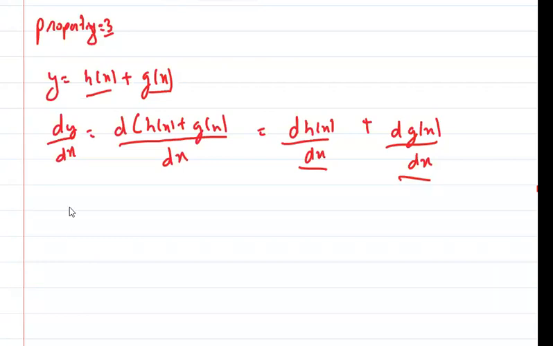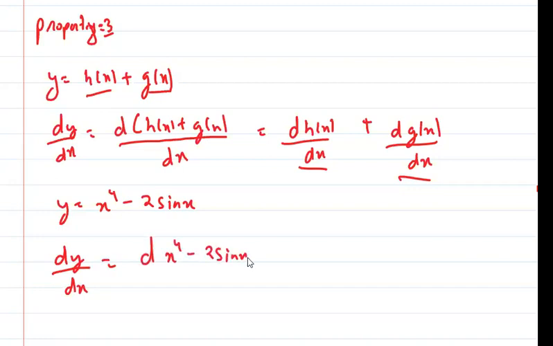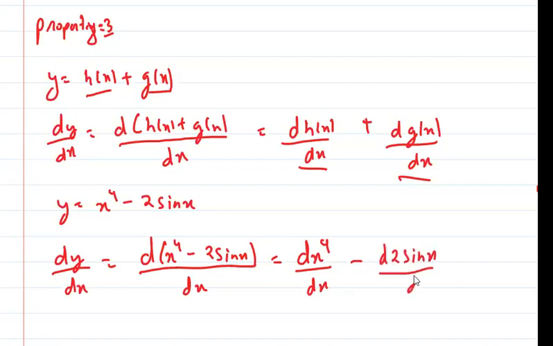एग्जाम्पल मैं एक बार क्वेश्चन दे रहा हूँ. सपोज y is equal to x to power 4 minus 2 sin x, है ना? तो क्या होगा? dy by dx is equal to d of x to power 4 minus 2 sin x whole by dx. So this can be written as d x to the power 4 by dx minus d 2 sin x by dx. Got it?